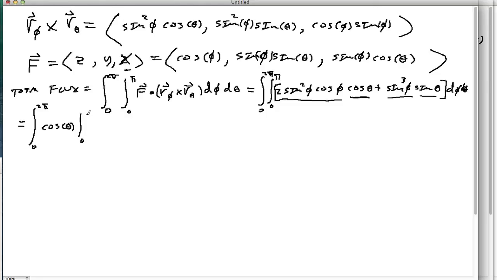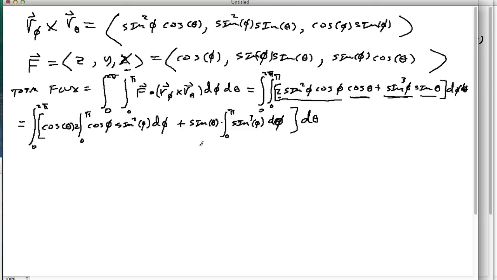We're going to get this 0 to pi of cosine phi, oh, there's a 2 there, that 2 times the sine squared phi d phi. And then we have a plus, and then we put a sine theta times integral 0 to pi of this sine cubed term, d phi. And then on the outside of the whole thing, a d theta. Okay.